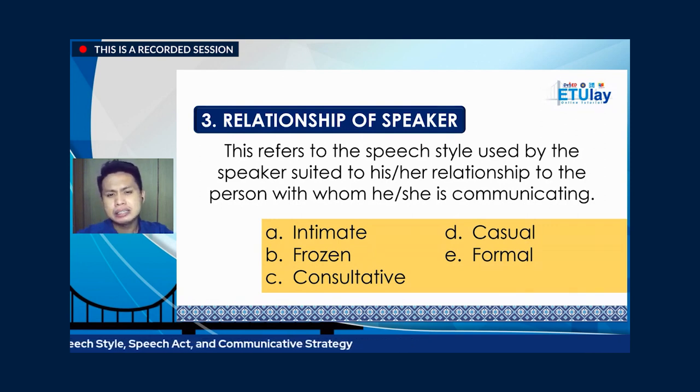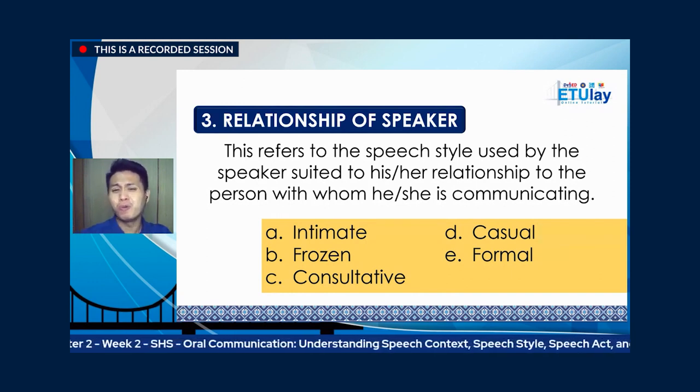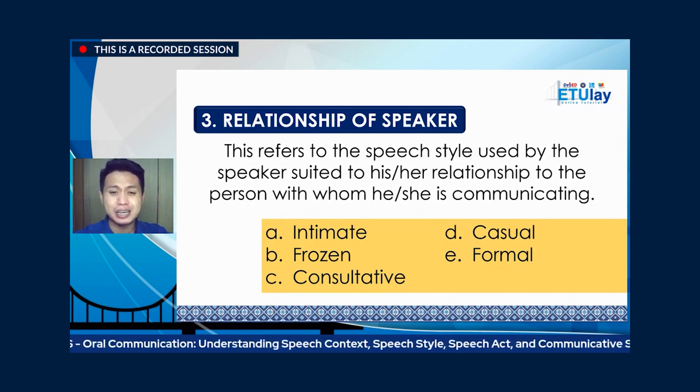So, since we've mentioned the classification of speech styles, why don't we refresh what these styles refer to? In quarter one, we discussed this, but this time, let's go through it again.